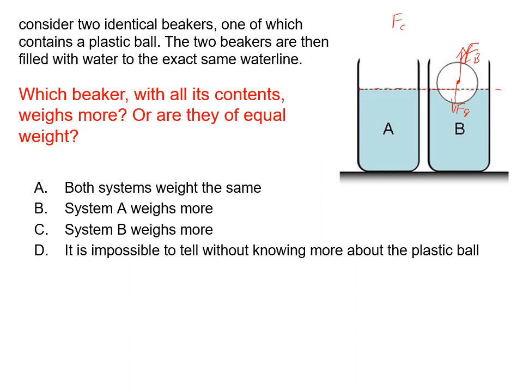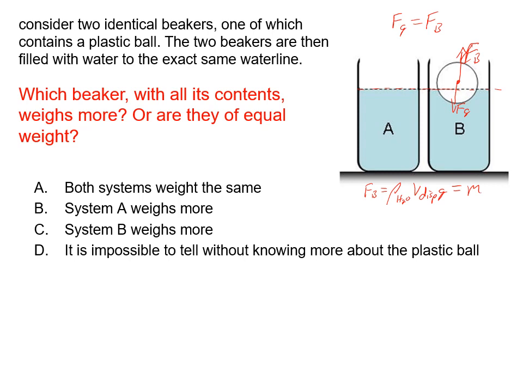Now remember that the buoyant force is equal to the density of the fluid times the volume that's been displaced times g, and that is equal to the mass of the water that's been displaced times g.